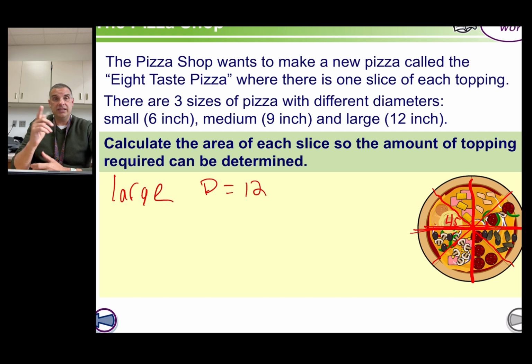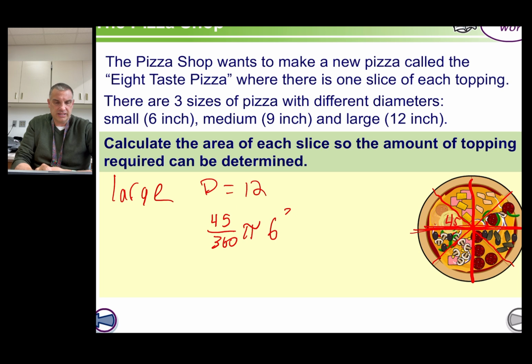Now, to find the area of this large, we need the central angle, or the arc, divided by 360 times pi times r squared. If the diameter is 12, what's the radius? The radius is going to be 6, so 6 squared. I'm just going to go 45 divided by 360, hit enter, times pi times 6 squared.